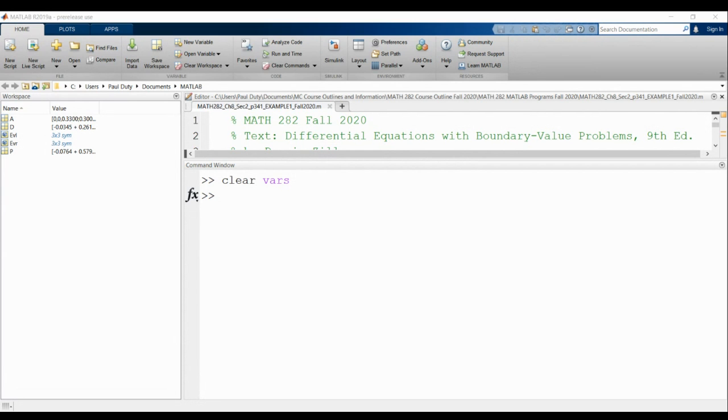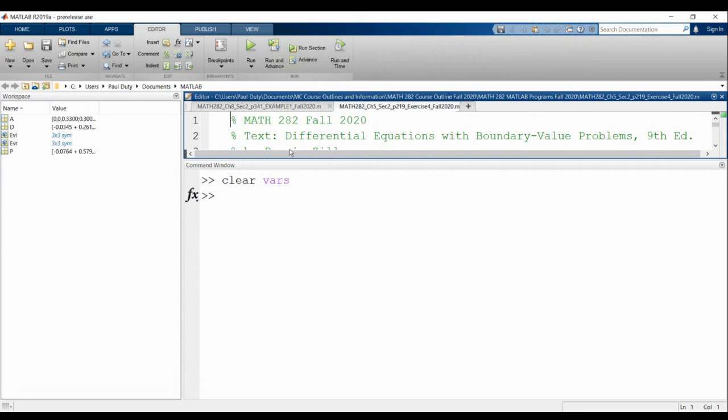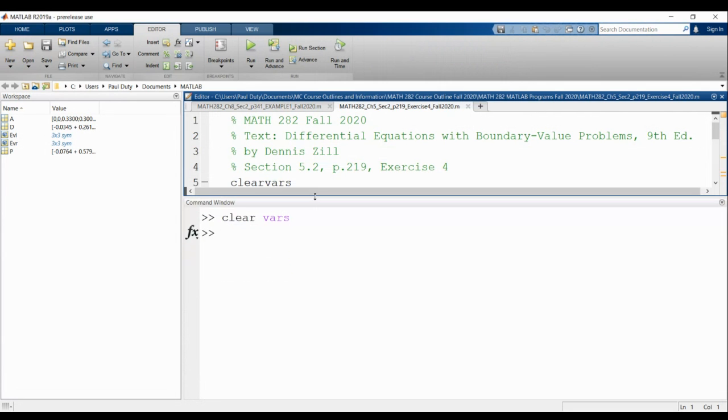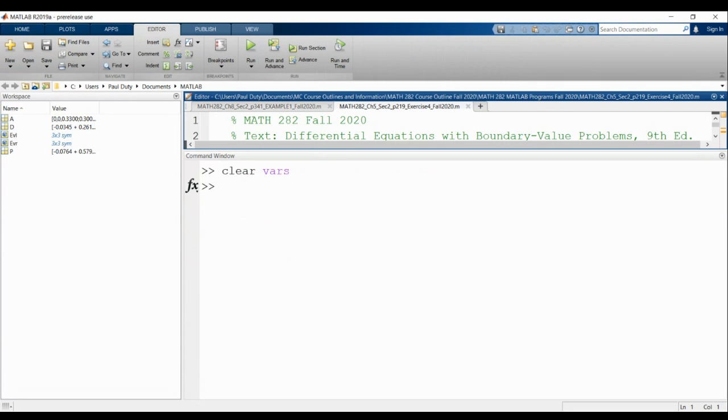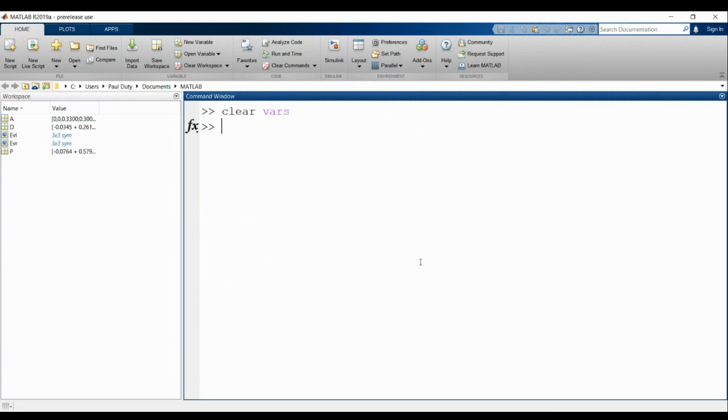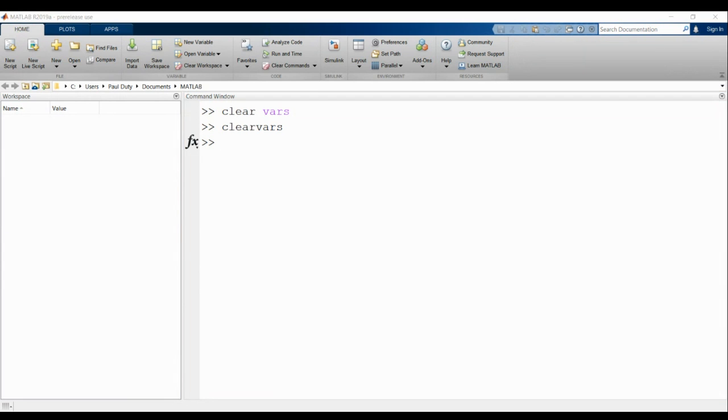And I'm just bringing up a program from my DiffyQ class. Clear vars, that's it. All right, so let me exit that out there. Clear vars. I hit that. You see, it cleans out the variables, and that can be important sometimes.